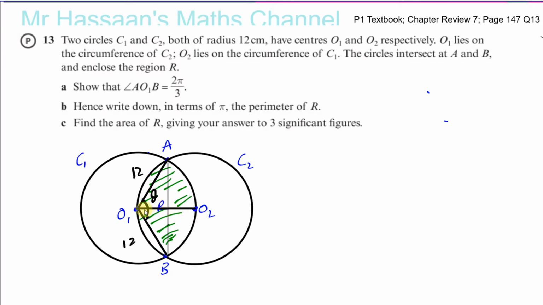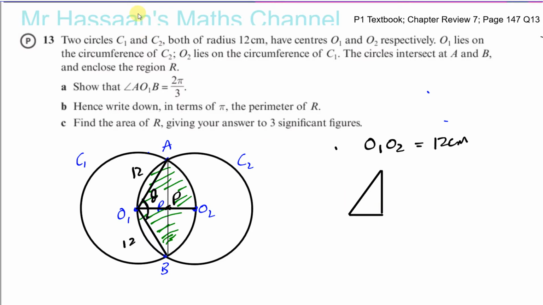So the length O1O2 is equal to 12 centimeters. Let me call this point here the point P. So what we've got here is like a triangle. Let me just draw half of it for now.